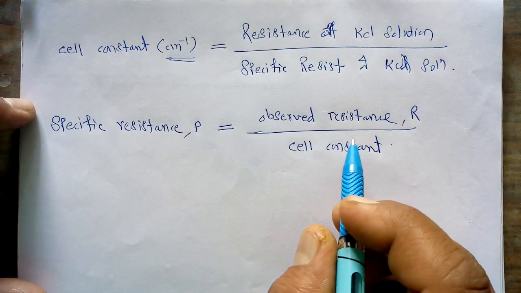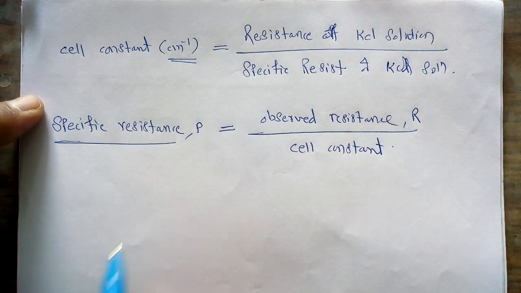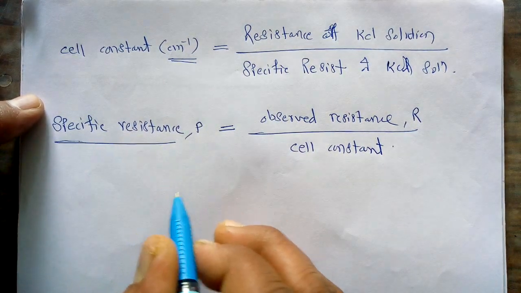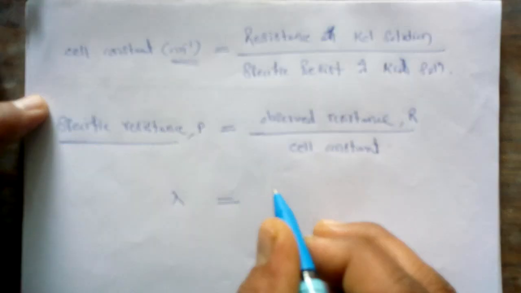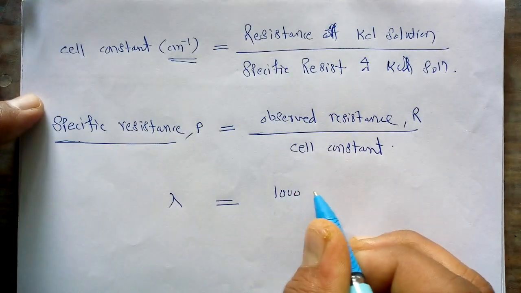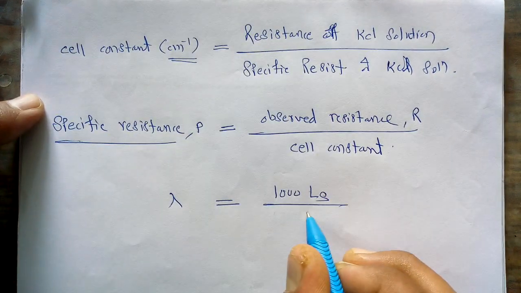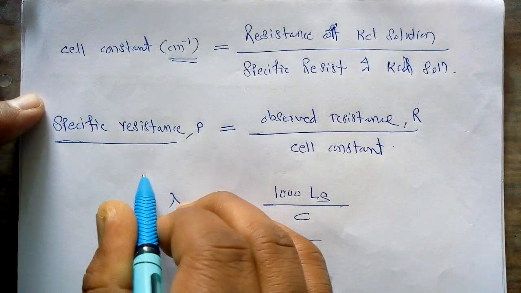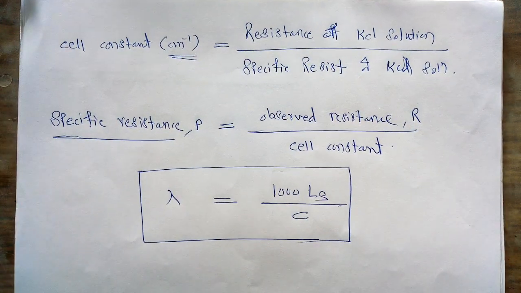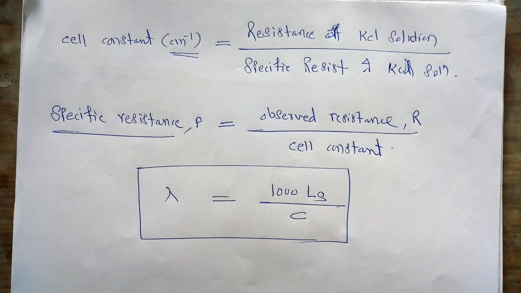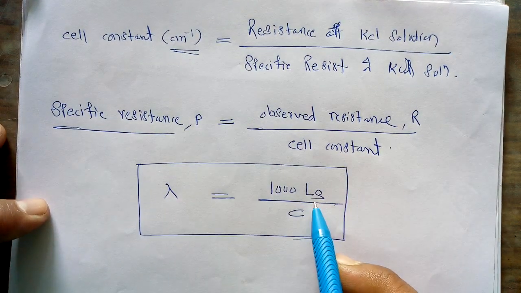Once we calculate the specific resistance of a solution, we may finally calculate the equivalent conductance, lambda, which is equal to 1000 into Ls divided by C. This is our final equation for the calculation of the equivalent conductance of an electrolytic solution with the help of the specific conductance.